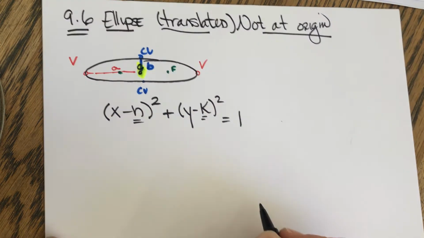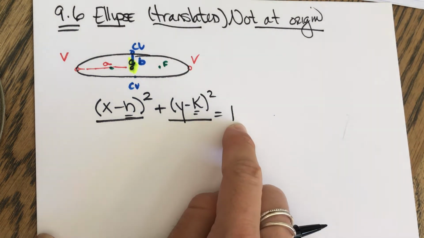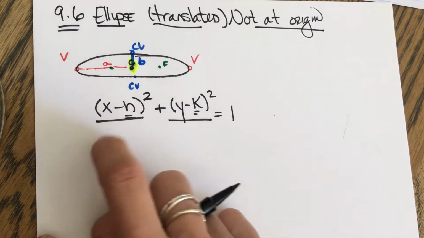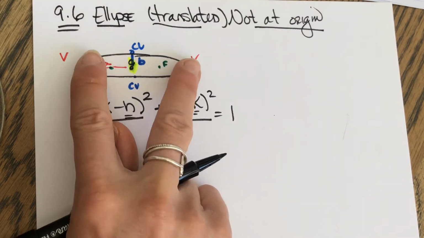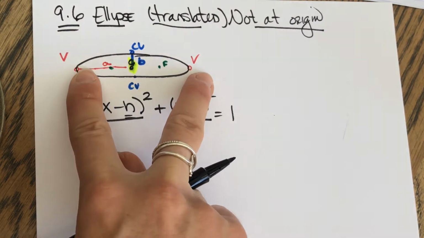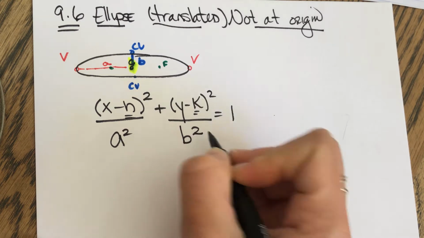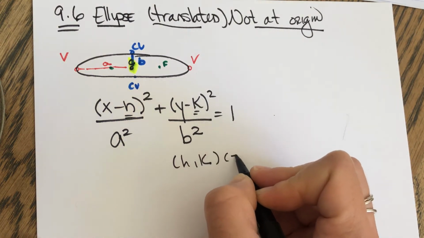Hopefully that should be a review. We've done that so many times. Just like your circle. Remember, it's just like a circle, except an ellipse equals 1, and you have denominators. Make sure you understand that. Since my vertices are going to be horizontally, they're along your x. Remember, x squared starts it, and then b squared. HK center.